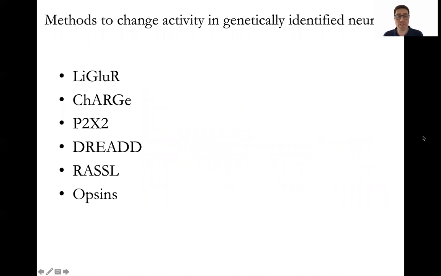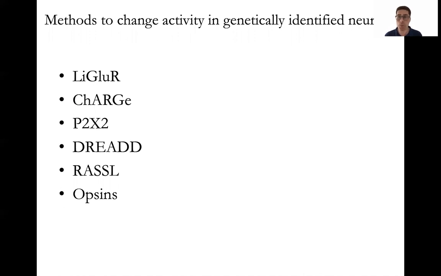So over the years, there have been very many methods that have attempted to achieve this goal of changing activity in genetically identified neurons. And that's important because there are different subtypes of neurons, excitatory neurons, interneurons, different subtypes of those. And in different brain areas, neurons' function can be ascribed based on their genetic identity alone.